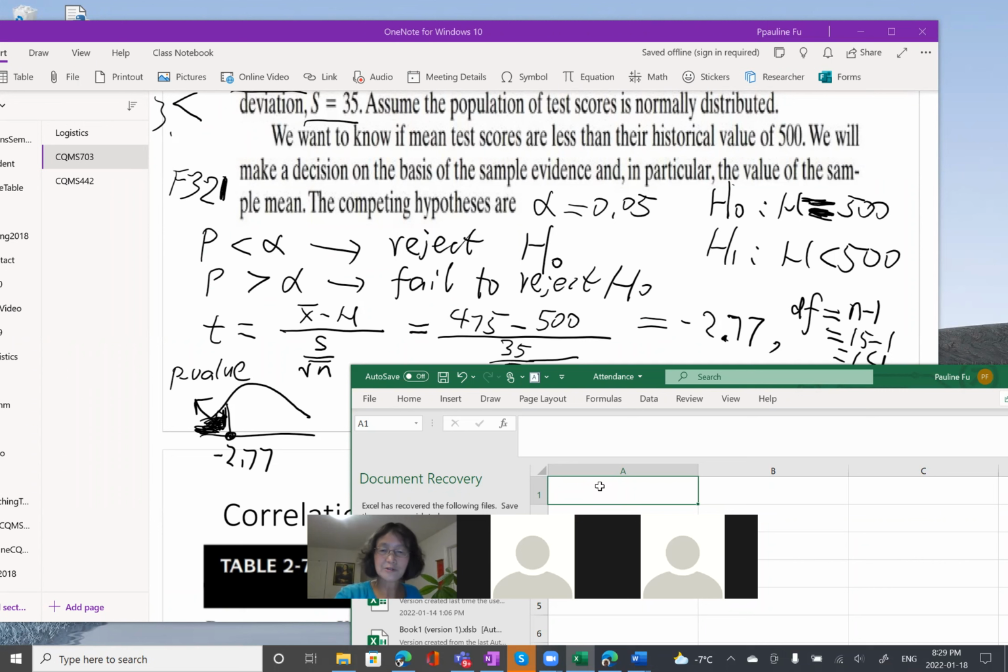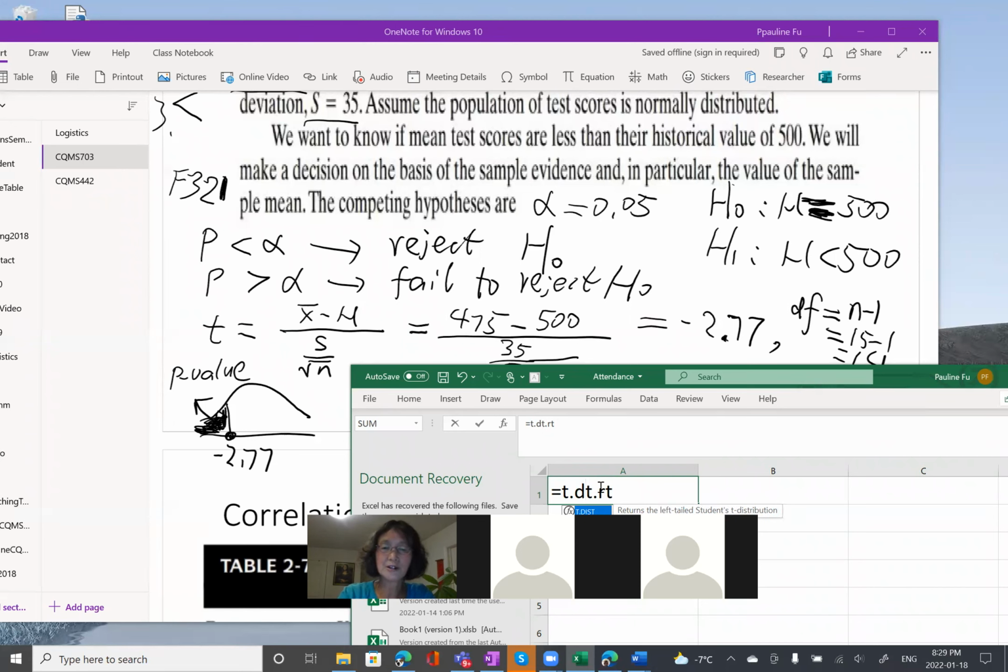So for the p-value, you type equals T.DIST.RT. RT represents right-tailed test. Actually, this is a left-tailed test.